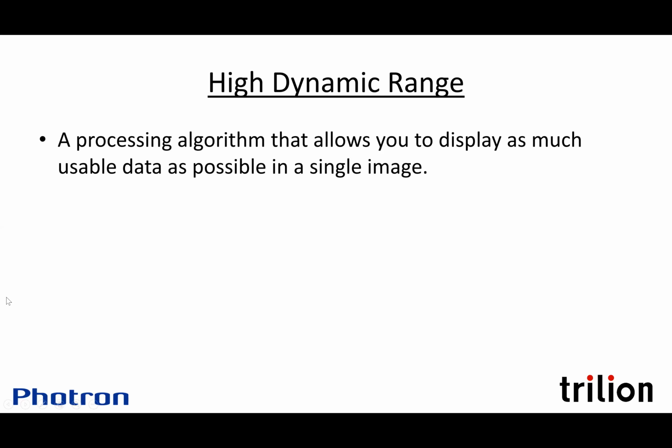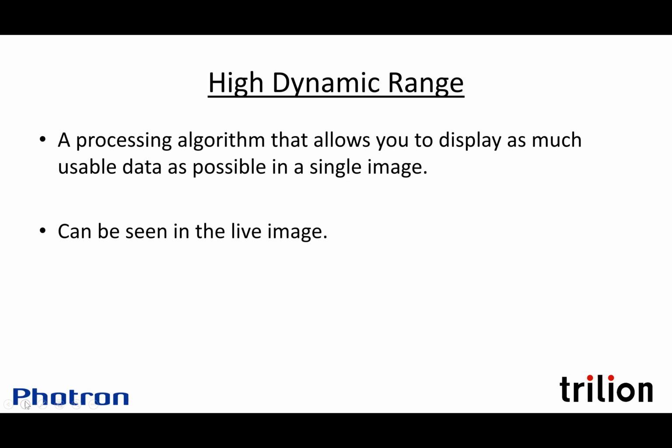So what we actually do is we utilize those bits that normally are not seen to pull up that usable data out of the dark areas. So you do this in the live image. If you turn on HDR with your live image, it appears as if you're bumping the gamma or adding gain, but you're not.